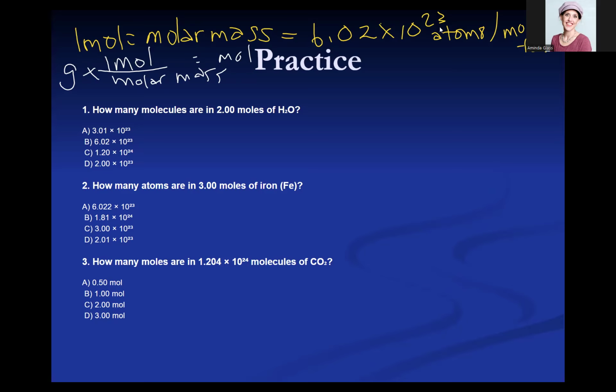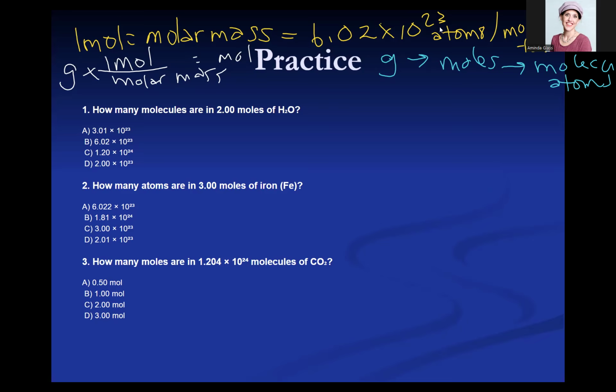We also know that we can't go from grams straight to molecules. We have to go from grams to moles. Remember, we have to go through the doorway. This doorway is moles. And then we can go to our molecules or atoms or formula units. So that's a basic process.